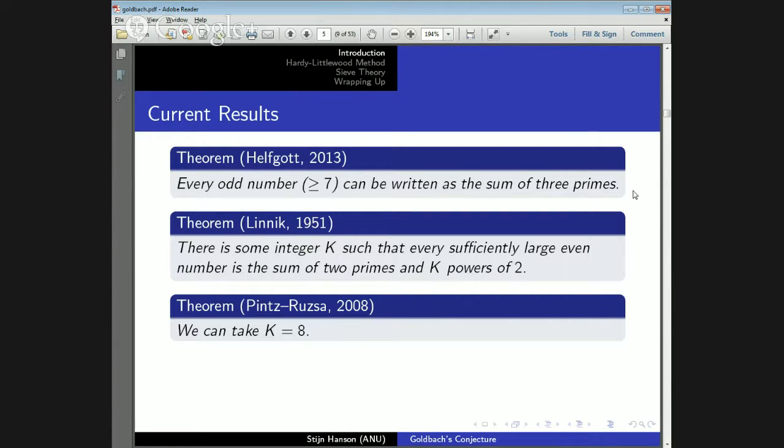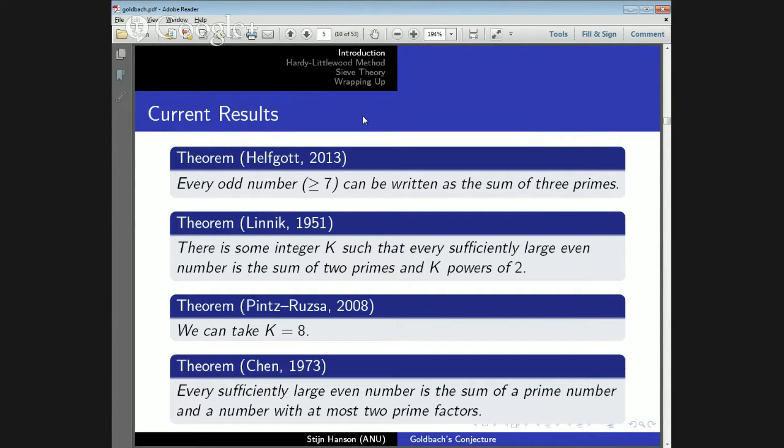Now that's a very small set, so in a lot of ways the Linnik result is nicer and closer to the binary Goldbach theorem, but it's not quite as elegant. It doesn't just involve primes, which makes the Helfgott theorem, in my eyes at least, more elegant.